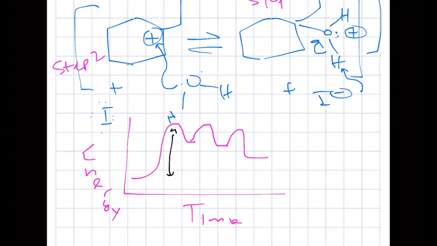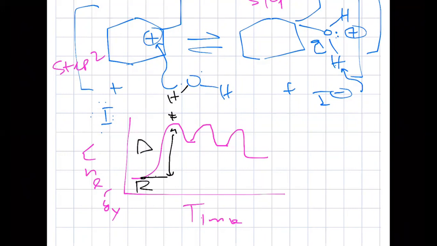Right. So I'm looking here, right? So these are my reactants. And I'm looking at the distance between here, where the reactants are, and the transition state. I gotta erase this H. Right, so the distance between the reactants and the transition state, that's my activation energy.